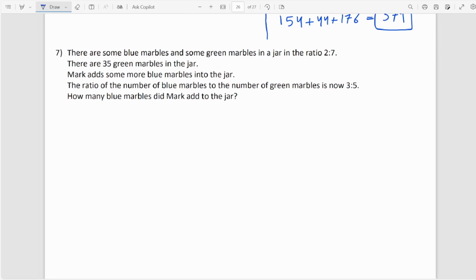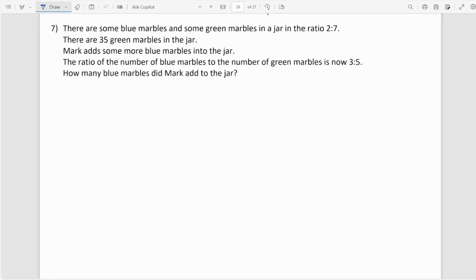All right, moving on to question 7. There are some blue marbles and some green marbles in a jar in the ratio 2 to 7. There are 35 green marbles, so we know the number of green marbles. I will go ahead and write this information down.